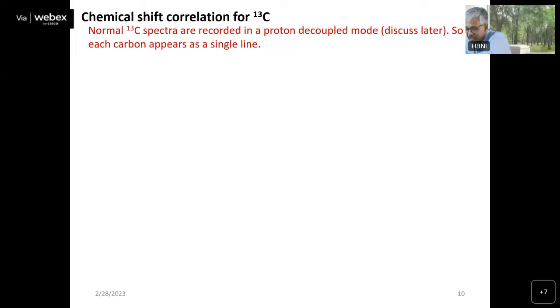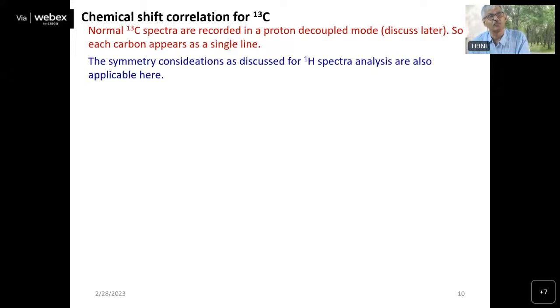So far I have not told anything about coupling or decoupling; we'll discuss decoupling after we discuss coupling. For the time being, remember that all carbon-13 spectra are recorded in a proton decoupled mode, so each carbon appears as a single line. Now, during proton NMR, I discussed the symmetry considerations. Whatever symmetry considerations I told you for the proton are applicable for carbon-13 also.